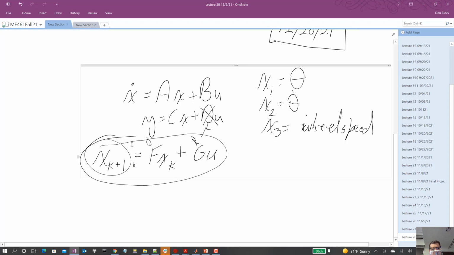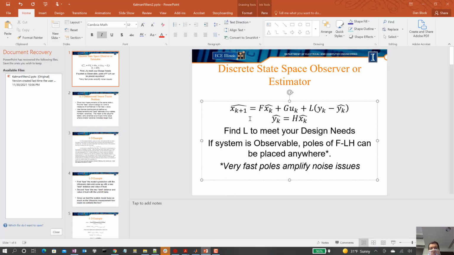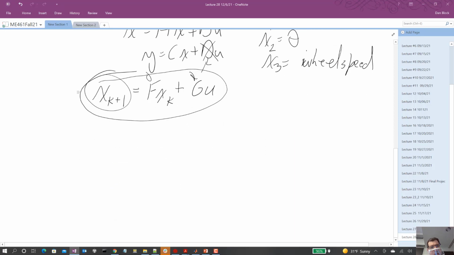The observer is this right here, where I'm going to estimate, assuming my model is correct. That's a big assumption there. I know this f, so inside the computer I calculate what I think the states are going to move to in 4 milliseconds.